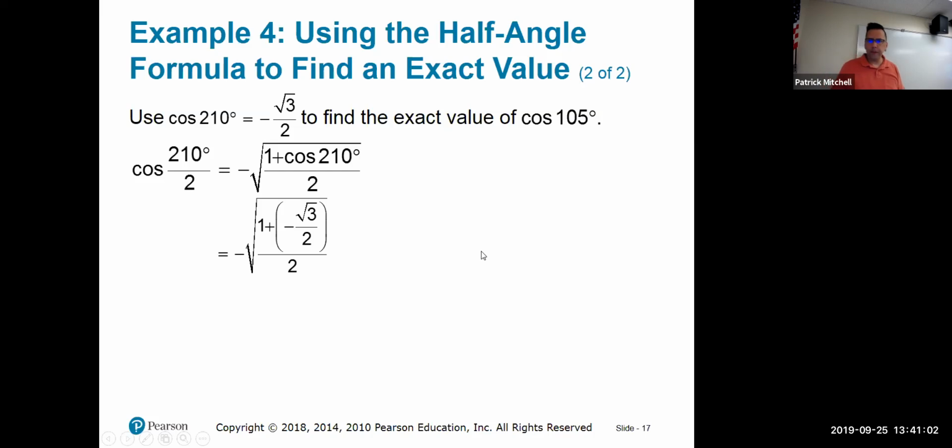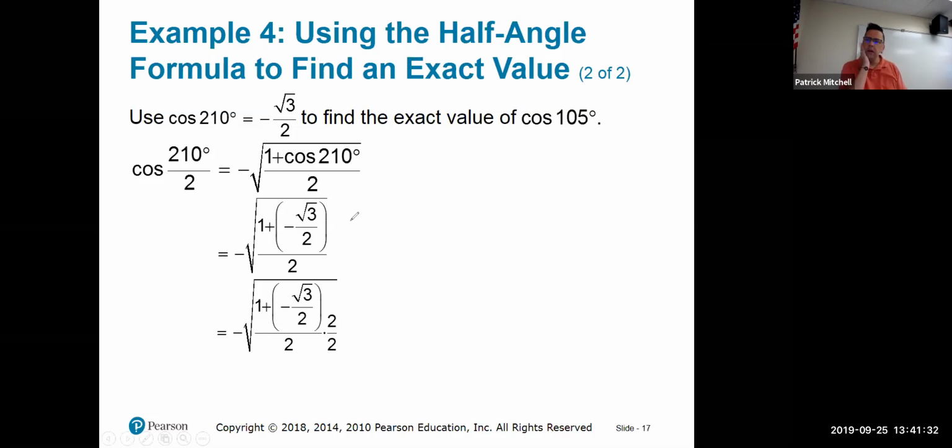Okay, so finishing up this problem, we have already figured out that the cosine of 105 degrees is equal to this ugly thing. So now we're going to simplify that ugly thing, and I noticed when I was putting this together, I'm trying to remember if we ever went over simplifying complex fractions in this class, and I think that might have been something that I skipped in section P6, bad instructor.